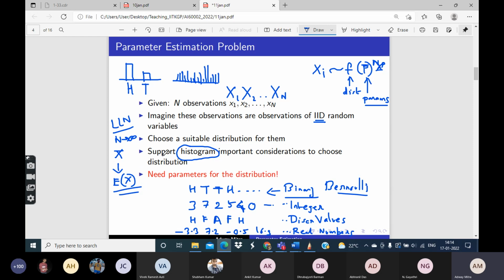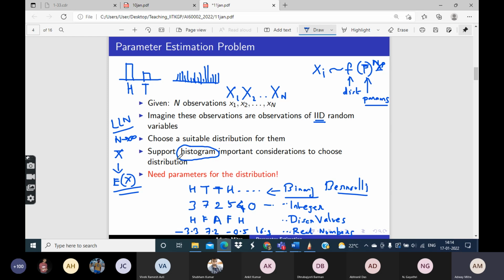Now based on similar arguments, it can also be shown that as the number of samples approaches infinity, the histogram of the observations should approach the probability mass function or probability density function of the corresponding random variable.